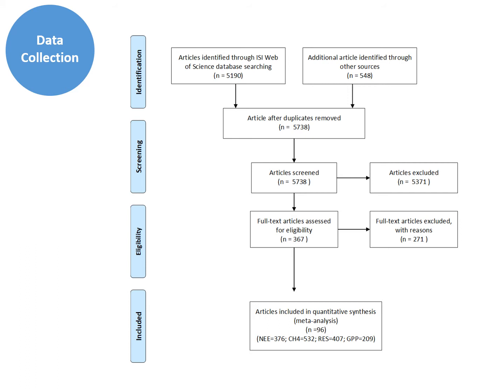At last, we have a database with 376 records for net ecosystem exchange, more than 500 records for methane emissions, around 400 records for ecosystem respiration, and around 200 records for gross primary production.